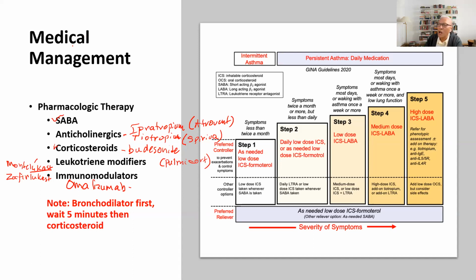That's a very common question in the NCLEX. So bronchodilators first, then wait for 5 minutes, then followed, if it is prescribed, by your steroid.